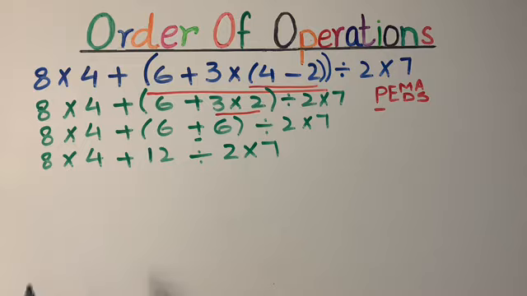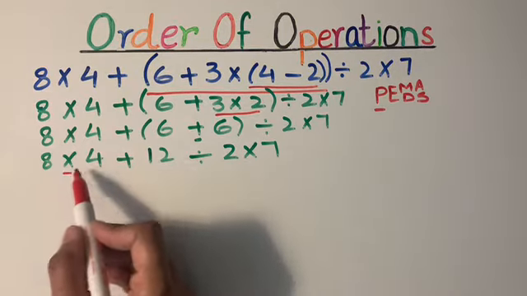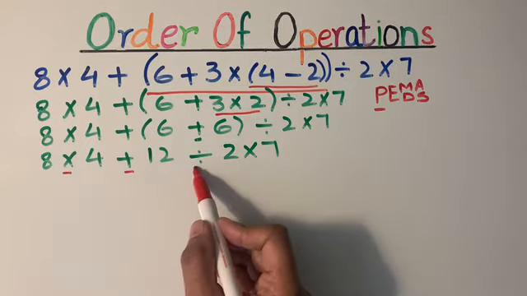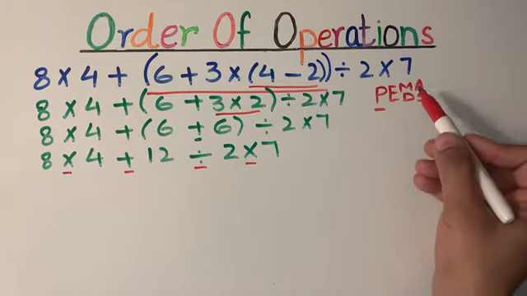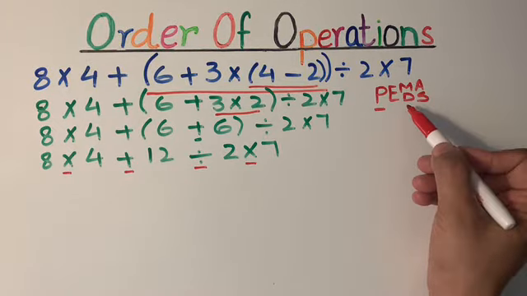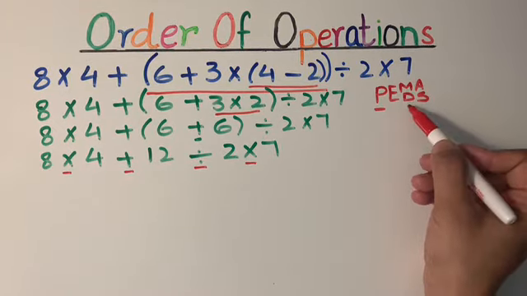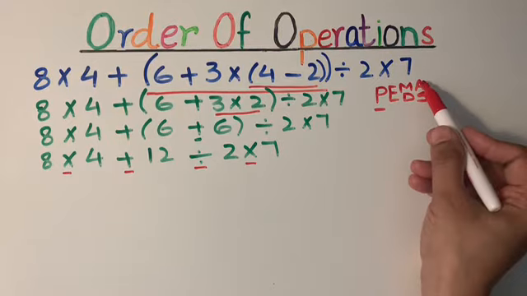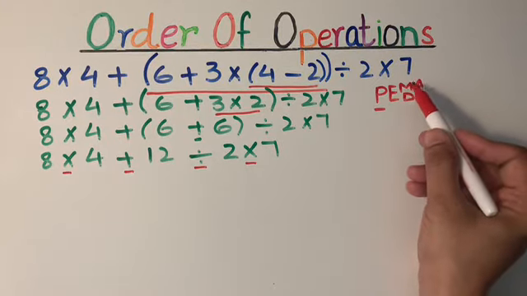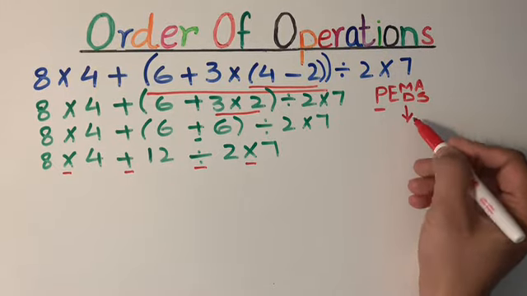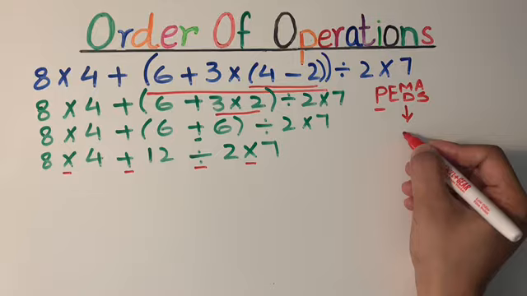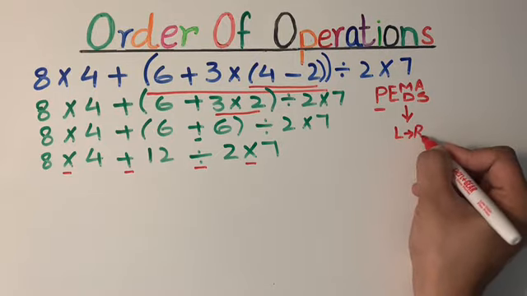Now here we have multiple operations: multiplication, addition, division, and then again multiplication. PEMDAS says that we'll solve multiplication and division before addition, and because multiplication and division have the same level of priority, this means we'll solve from left to right.